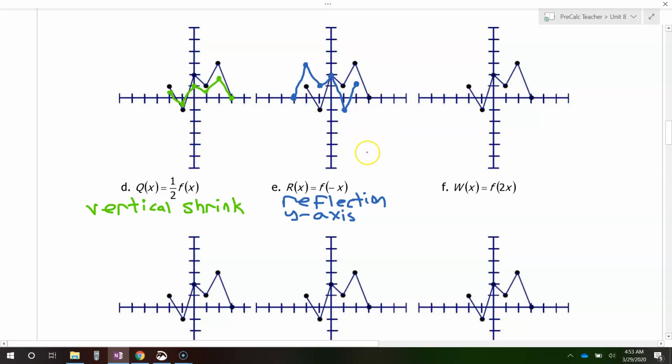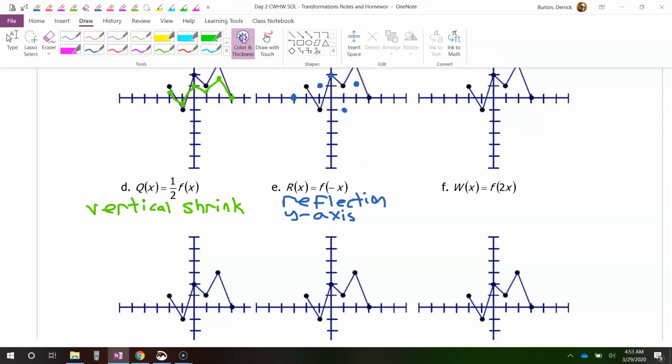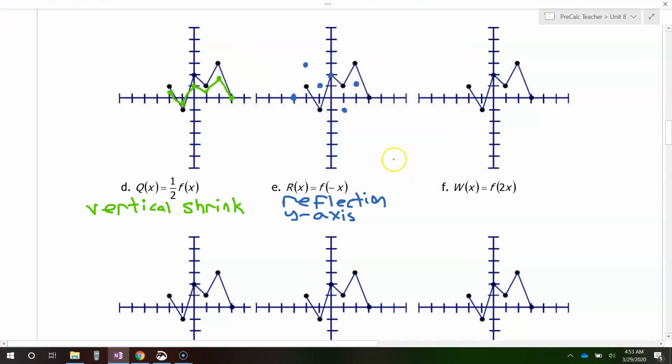Okay, I feel like I did not do a great job. Maybe I'll try to cheat. Okay, that looks a little bit better.